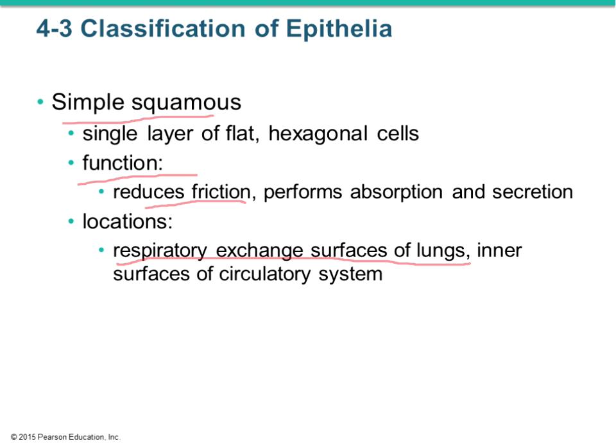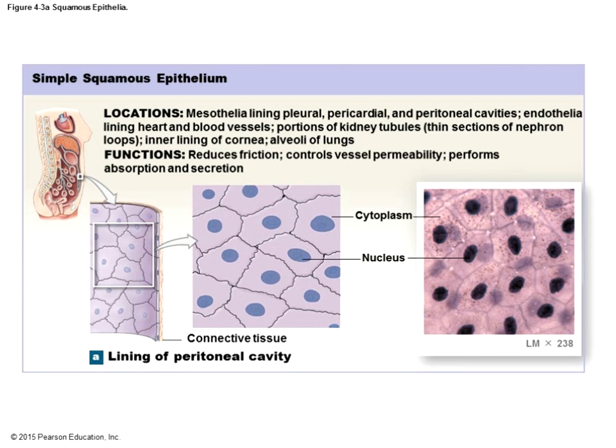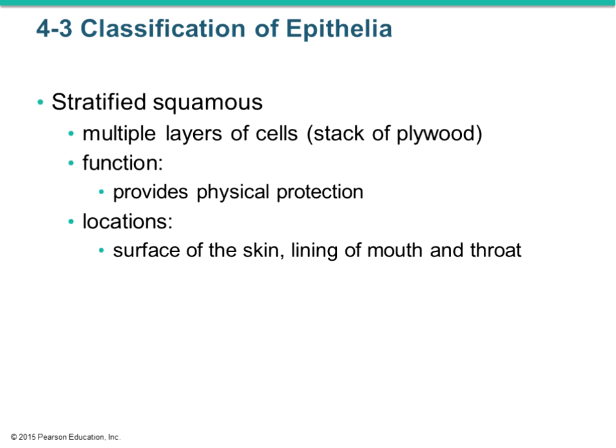And so that's why you're not going to see stratified squamous epithelium, for instance, down at the exchange surfaces of the lungs, right? Because it'd be harder for the oxygen to move through. So understanding that, you can see there's a nice image of it. You get function, location, and you're good to go. And so this image represents the lining of the peritoneal cavity in terms of a location for that.